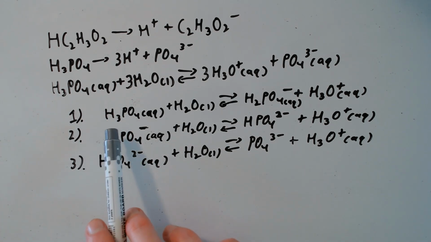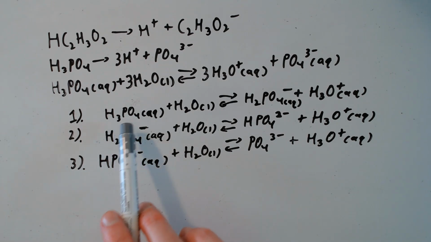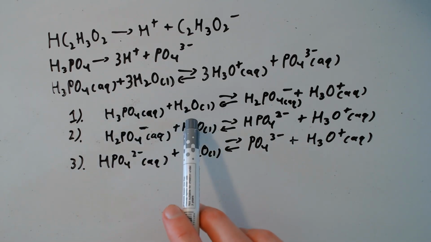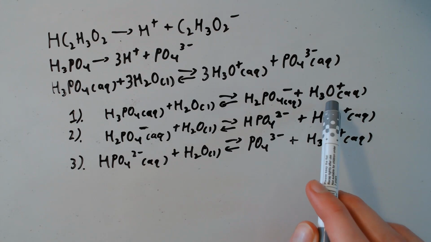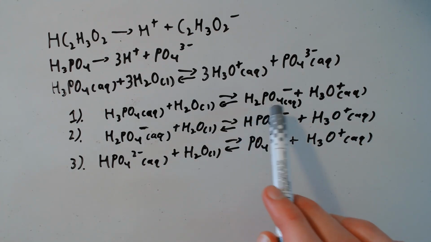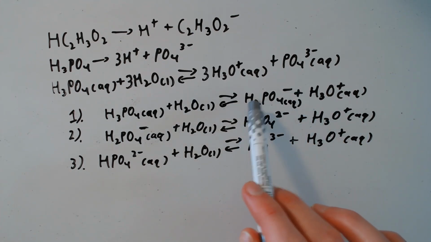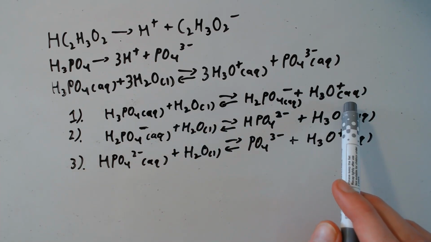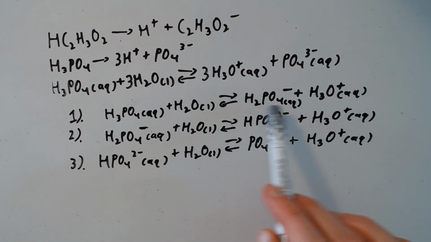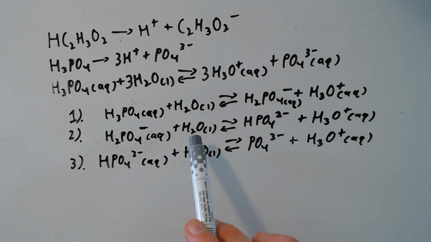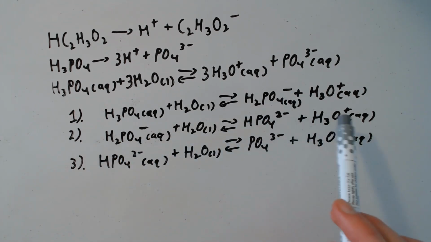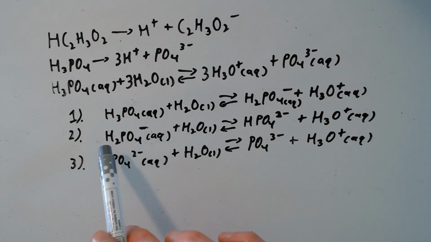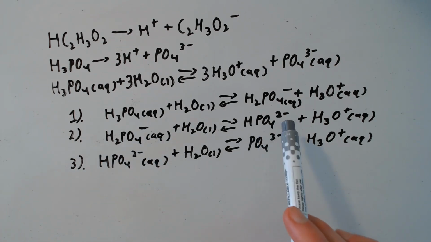So in the first step, the H3PO4 gives an H to the H2O, forms an H3O+, and gets left with this H2PO4-, which lost an H to the H2O, which made H3O+. Then this H2PO4- can lose another H to the H2O to form another H3O+, and this H2PO4- now becomes HPO4 2-.